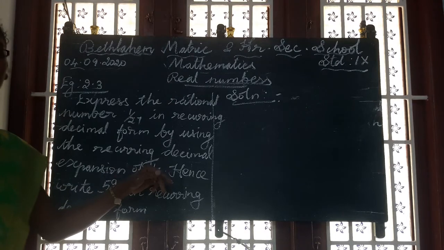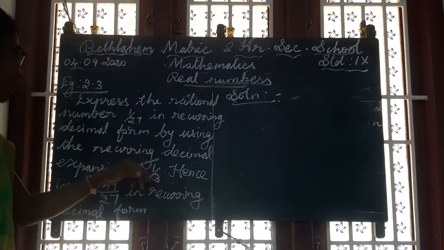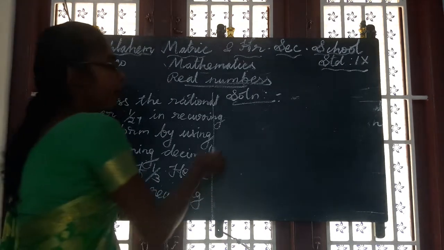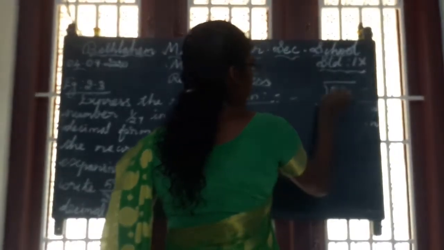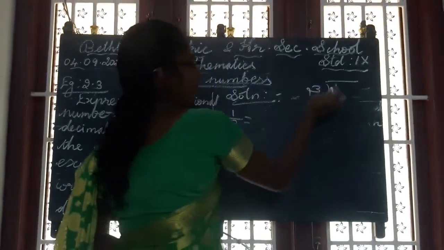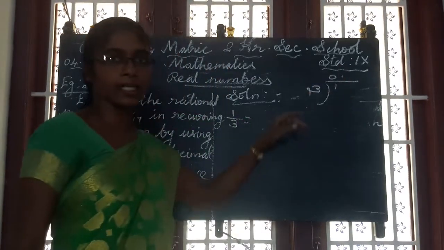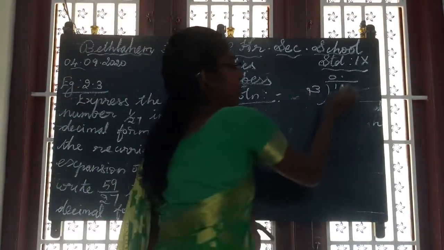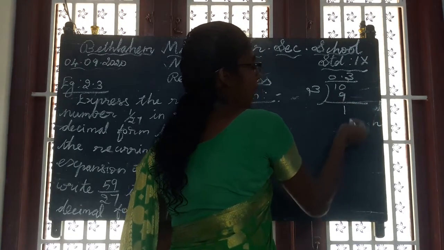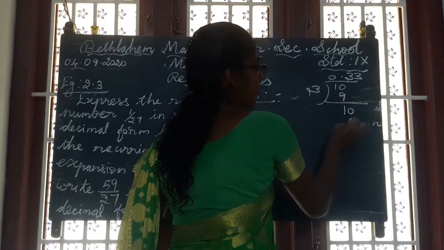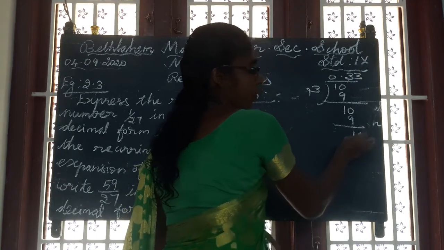First we have to find the decimal expansion of 1 by 3. First 0 point. Next 10, 3 times 9 will be get, 1 balance, 3 times 9 will be get again, 1 balance.